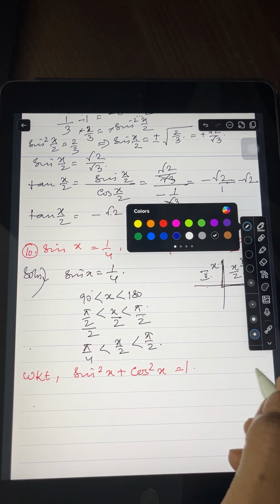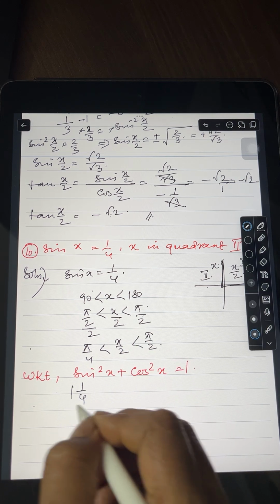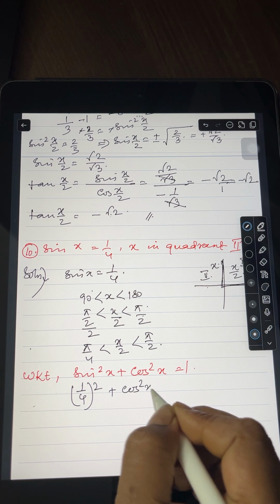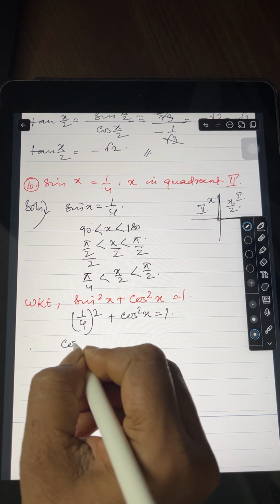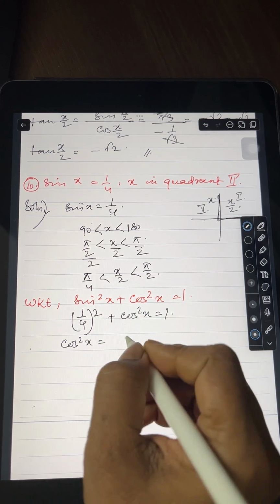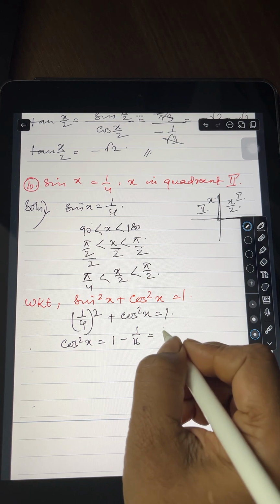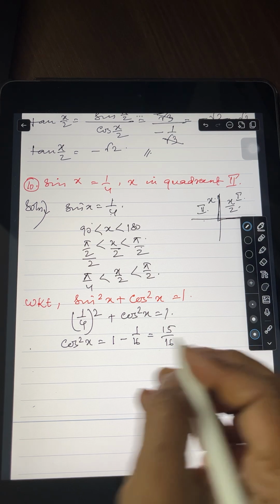You see, substitute the value. So what is the value? 1 by 4. 1 by 4 whole square plus cos square x is equal to 1. So you get cos square x is equal to 1 minus 1 by 16, which is 15 by 16. After you take LCM, you get 15 by 16.